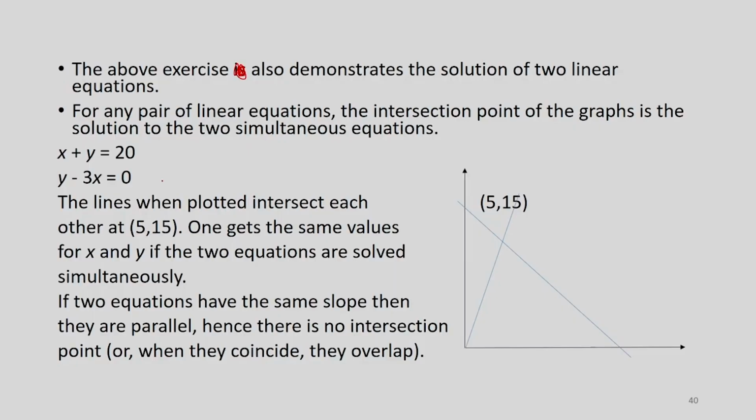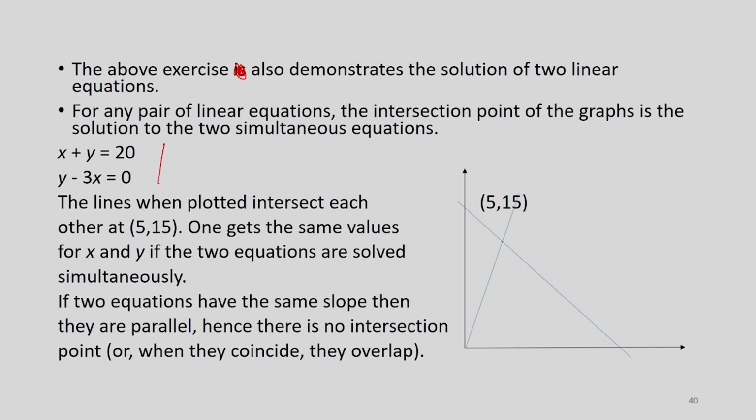You have two linear equations, x plus y is equal to 20 and y minus 3x is equal to 0. These two lines, when plotted, intersect each other at the point (5, 15). One gets the same values for x and y if the two equations are solved simultaneously.